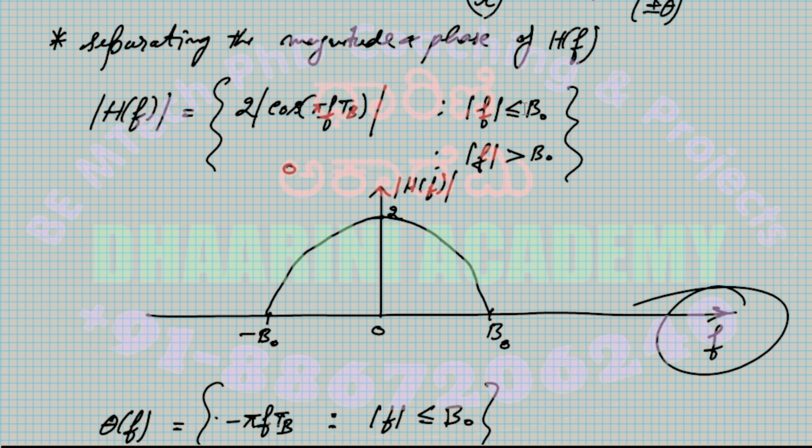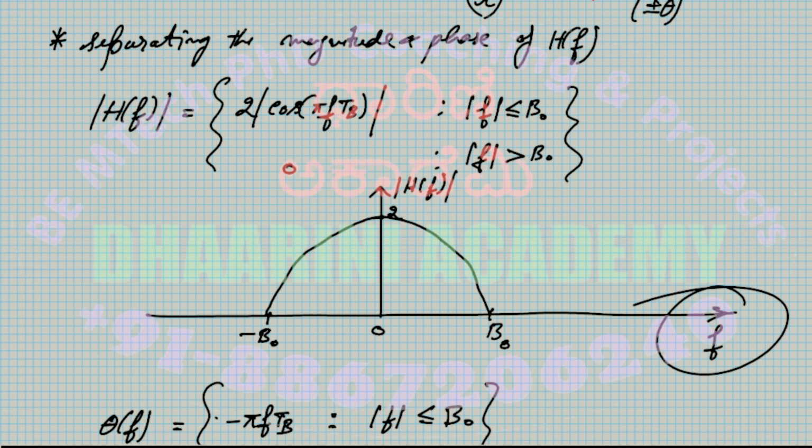So whenever the magnitude of f is less than or equal to B naught, this is 2 times cos of pi f T_b. Actually I can do this easily. Whenever f is 0, the magnitude is highest, cos 0 is 1. Outside I am multiplying by 2, so 2 times that one. So you see the magnitude of this is 2, highest is 2, and until B naught it should come down, right?